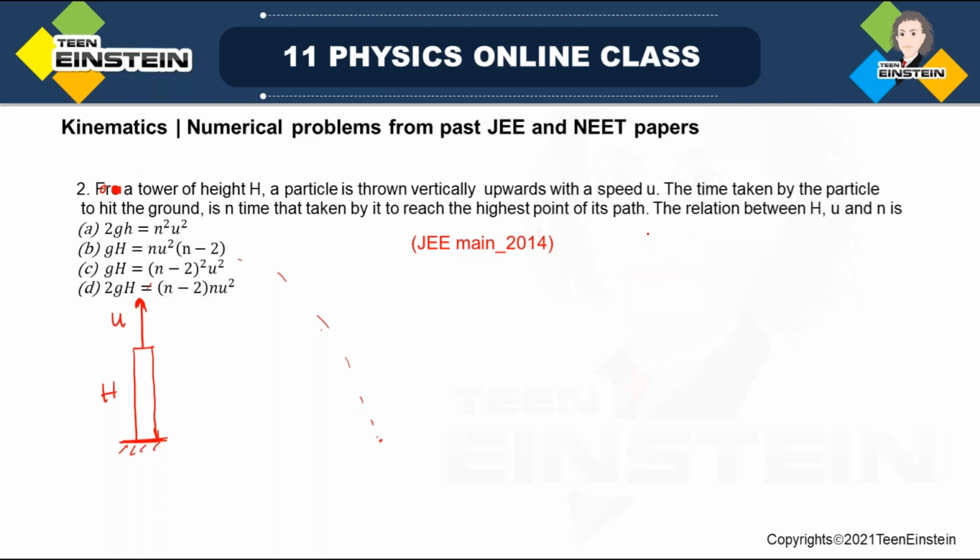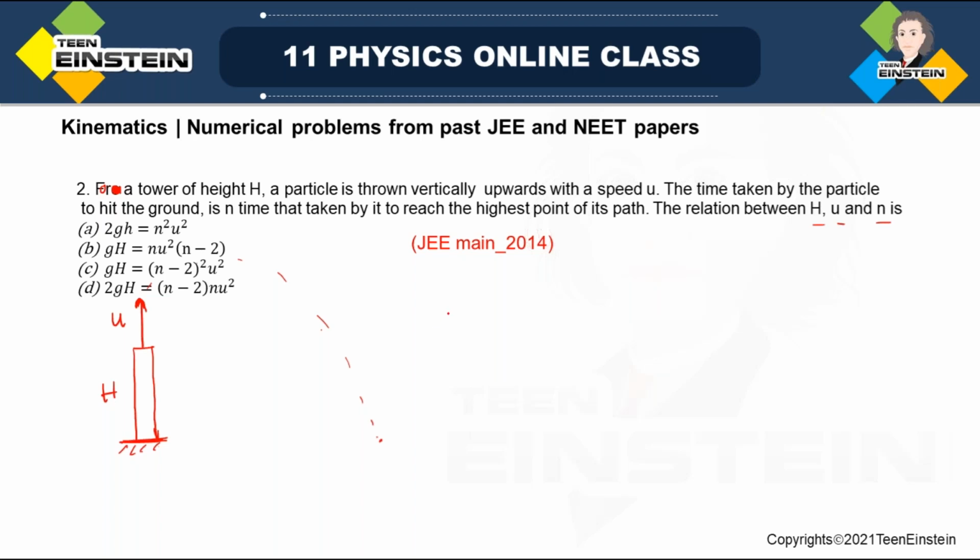Then what is the relation between h, u and n? h means height of the tower, u means the initial velocity, n is a factor of time taken by the particle to hit the ground.